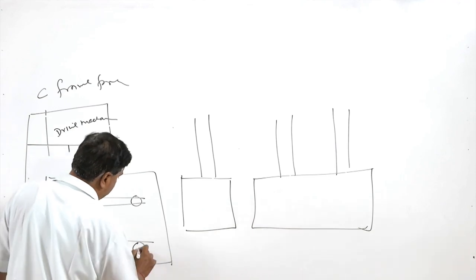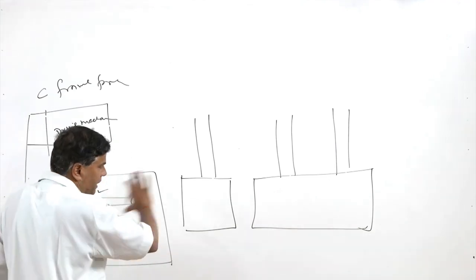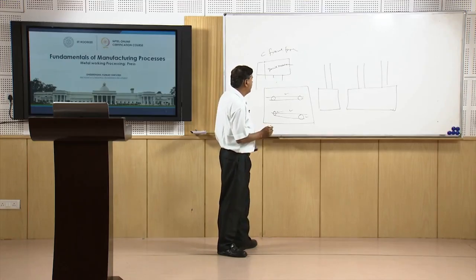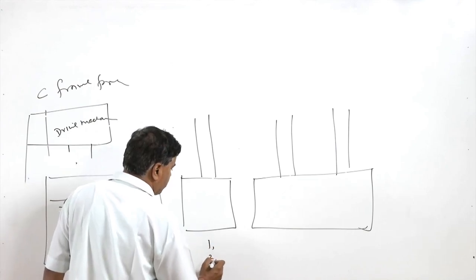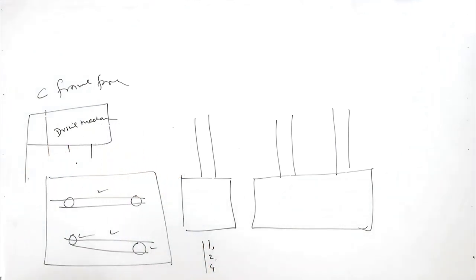So, depending upon the size of the ram, there can be single suspension, double suspension and four-point suspension systems.